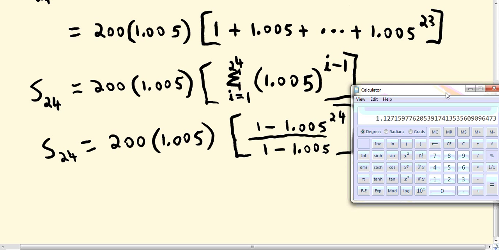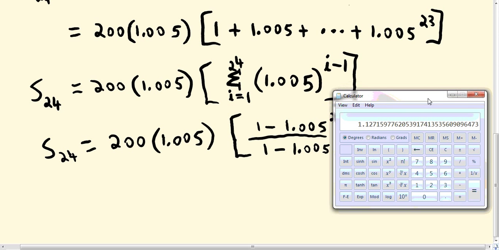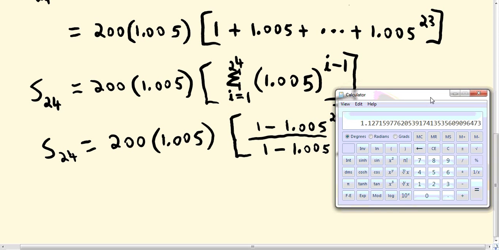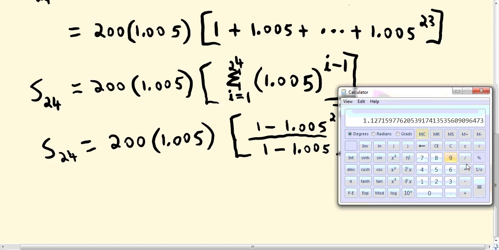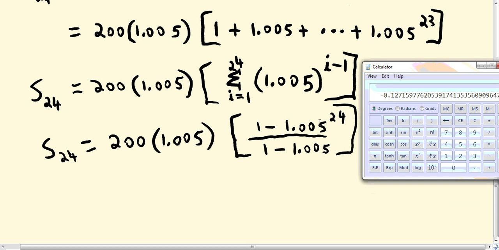What I'm going to do is take that answer and subtract it from 1. So that answer minus 1 gives me this number, negative 0.127 blah blah blah. Okay, so that's the numerator of this fraction.